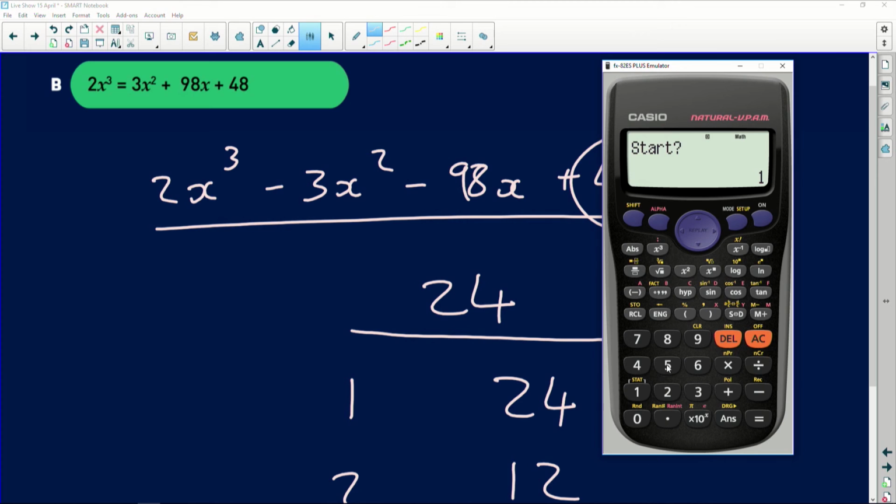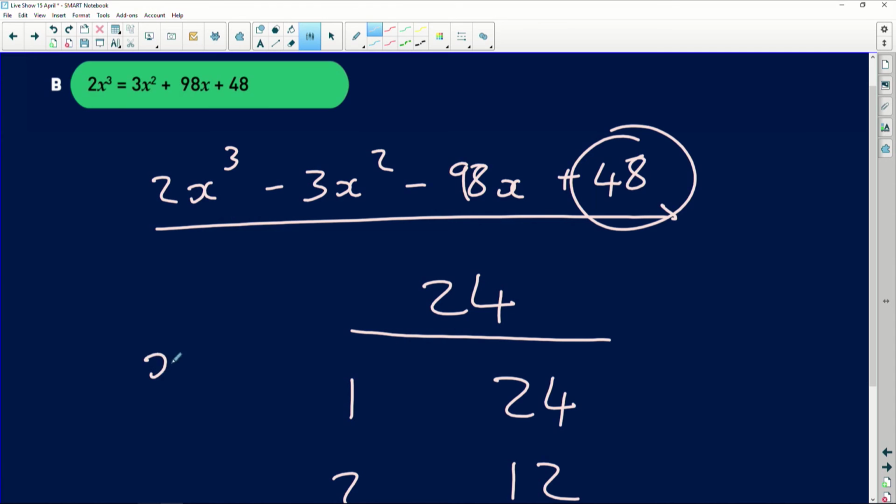I'm going to start at 5 and then end at 8, and I'm going to check the first steps. Okay guys, so straight away we have 0 as a result over there. So we can say that x equals 8 is going to be a factor. And this is the very first part of solving this equation.